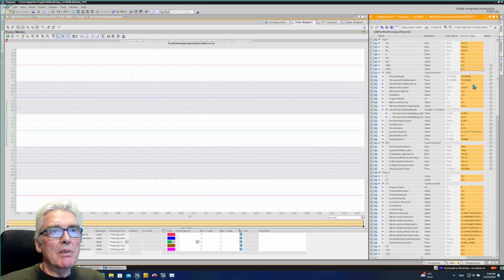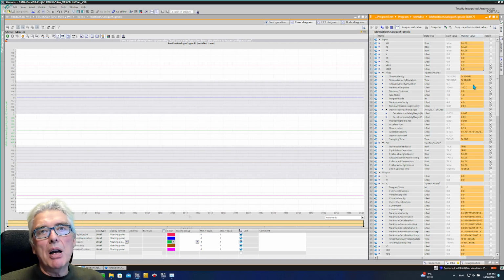And if the velocity from the drive deviates from what I have as a velocity set point, it would be bad and it wouldn't work. On an error like that, we would just try to stop the program.